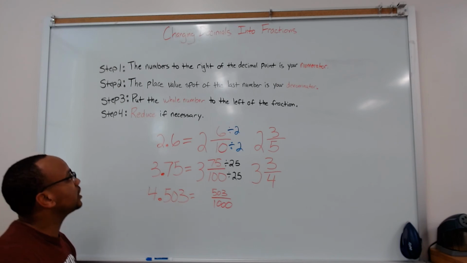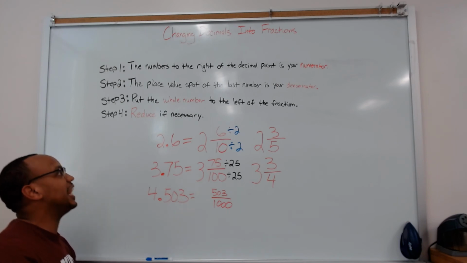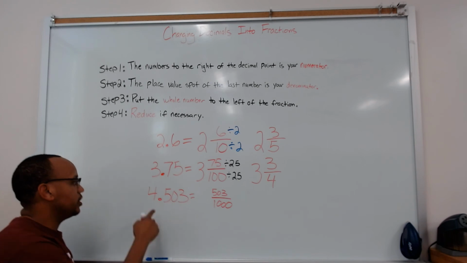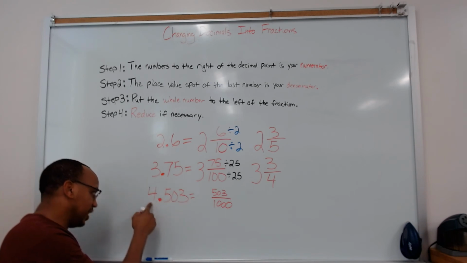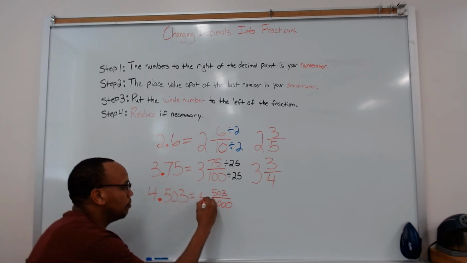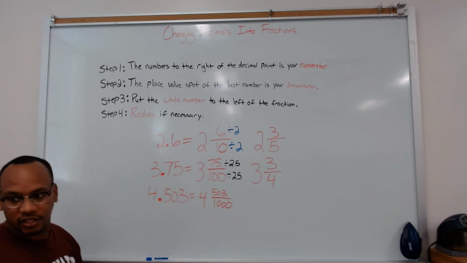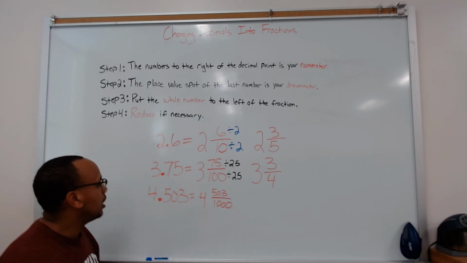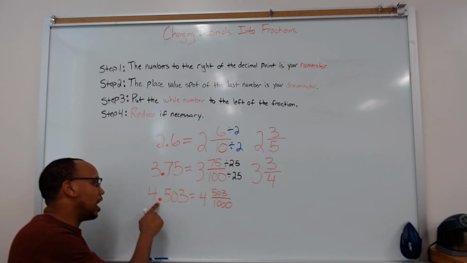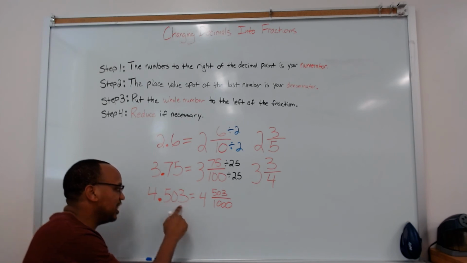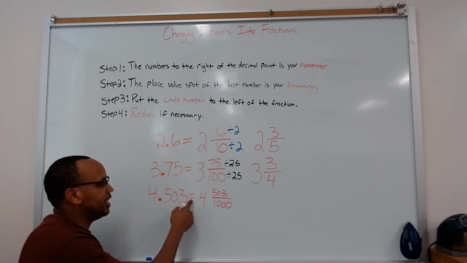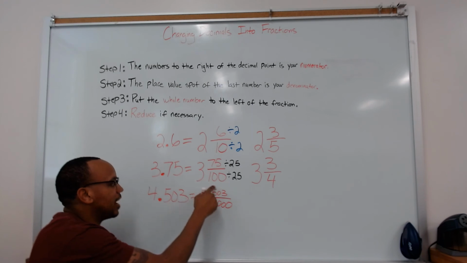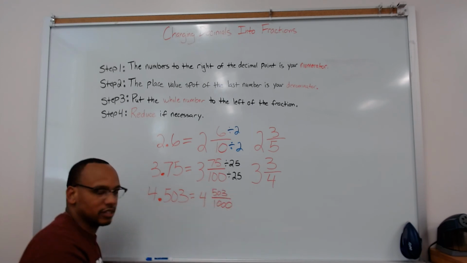Step 3, put the whole number to the left of the fraction. Just like the whole number 4 is to the left of the decimal, 4 will be to the left of the fraction. All right? Makes sense, doesn't it? 4.503 is equal to 4 and 503 over 1,000.